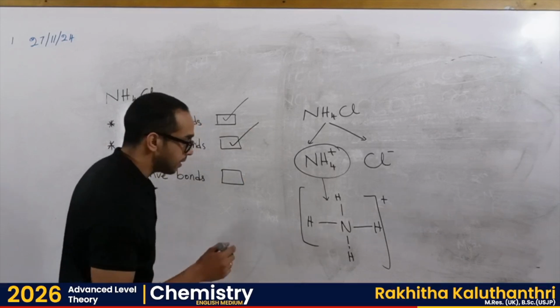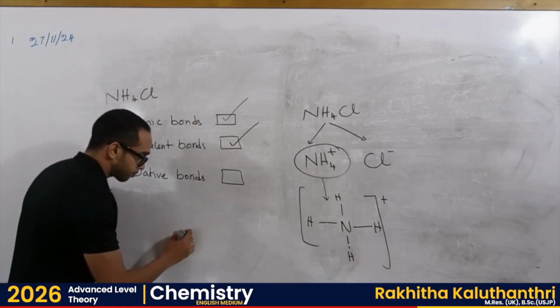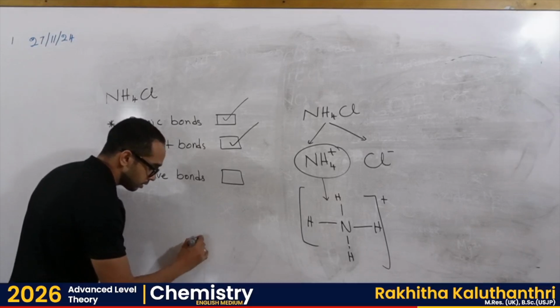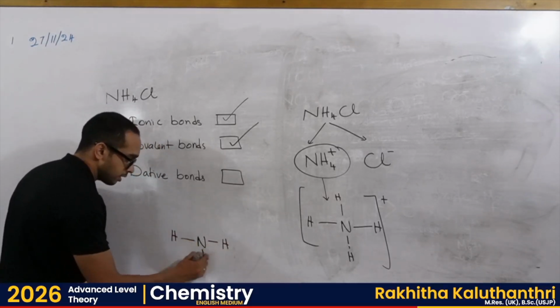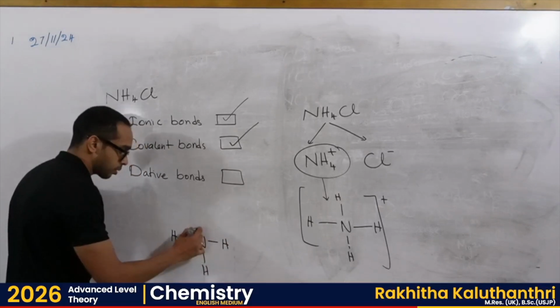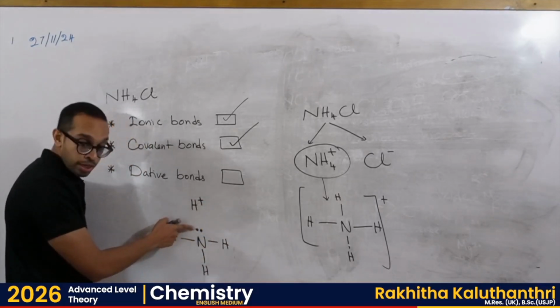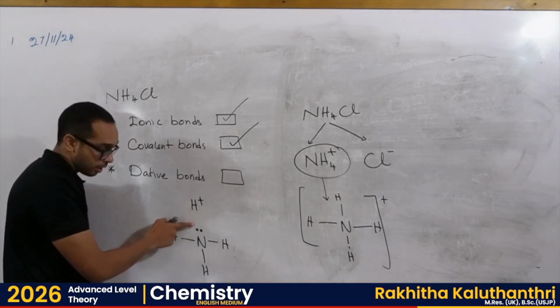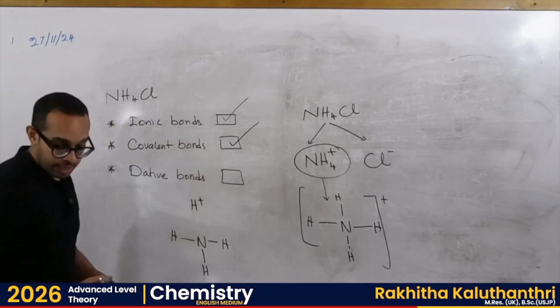But don't forget, under dative bonding we learned that ammonia, when it comes across an H plus ion, donates its lone pair and forms a dative bond.